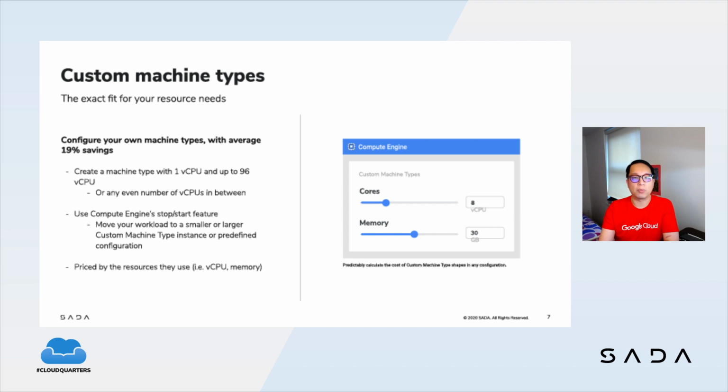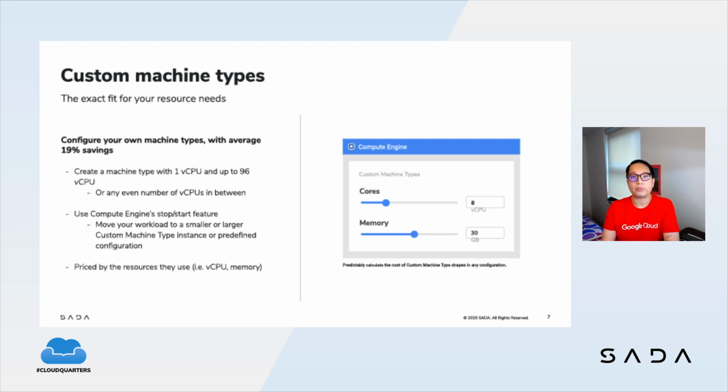You select your machine type with 1 virtual CPU up to 96 virtual CPU, or any even number between them. You can just use the Compute Engine start-stop feature to move your workload from one family to another family, or from one custom VM to another custom VM. We only price our resources by vCPU and memory. All those prepackaged VM families are just for your convenience. If you would like to have a very highly customized environment for your workload, you definitely can do it on your own.